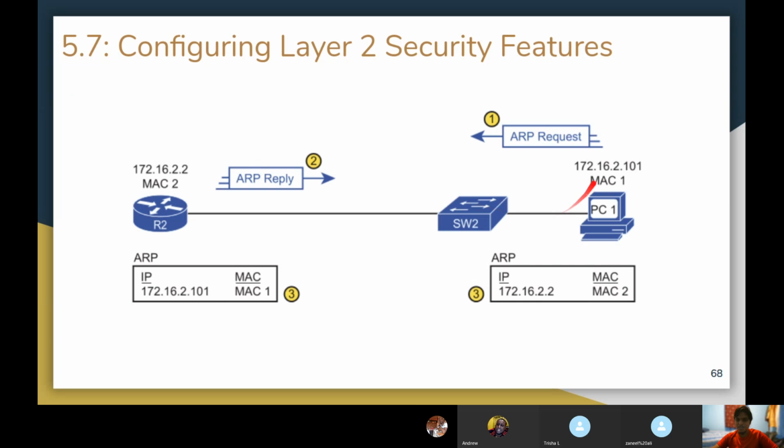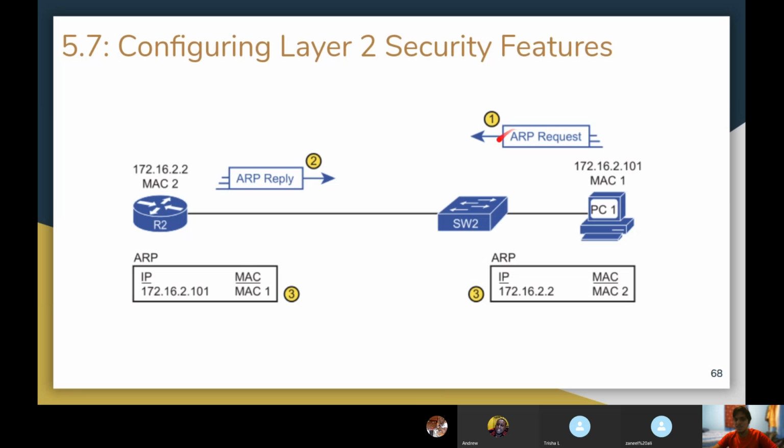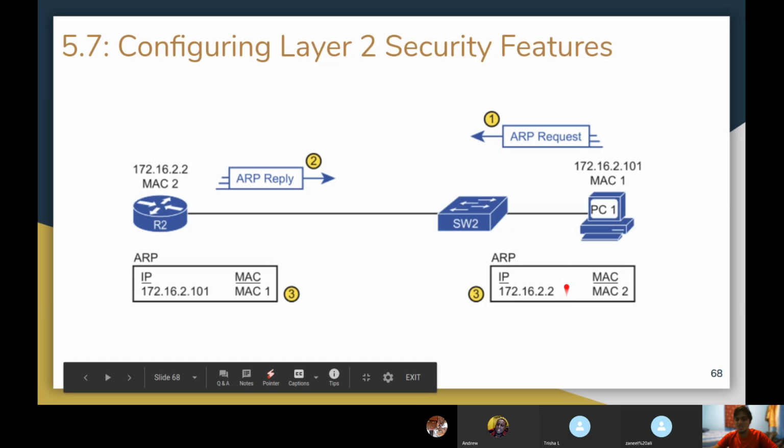So you see right here, this guy here has an IP address. This guy also has an IP address here. So he knows he wants to reach that IP address. He has a packet destined for this IP address, but he doesn't know the MAC address associated with that. So what he does is he sends out an ARP request. If you see it in Wireshark, you might see a message like, who has IP address 172.16.2.2?